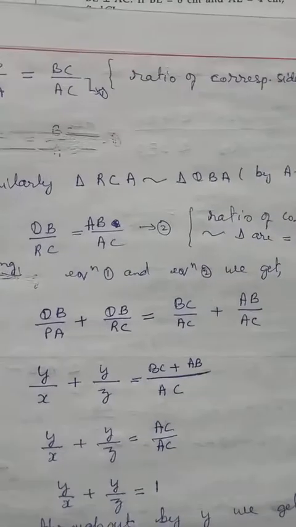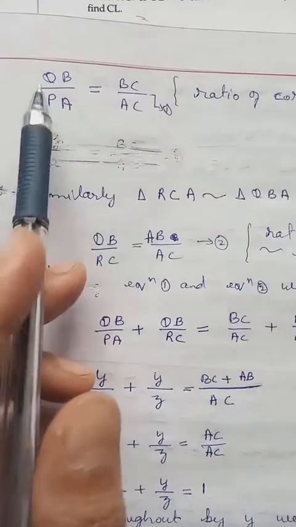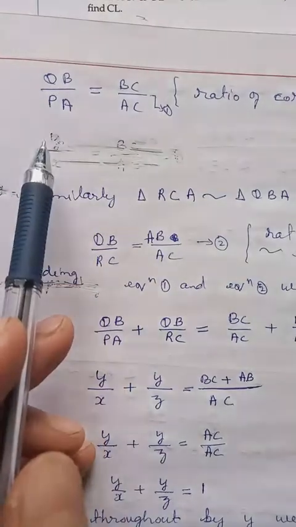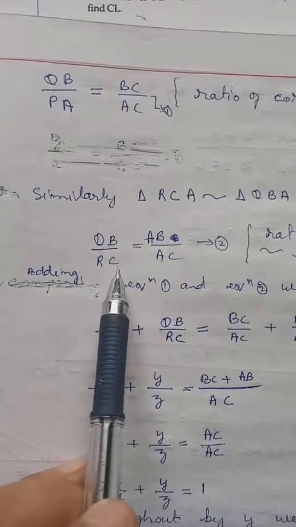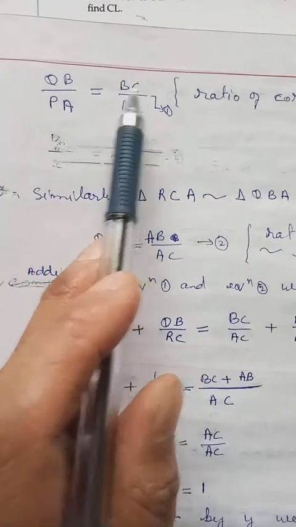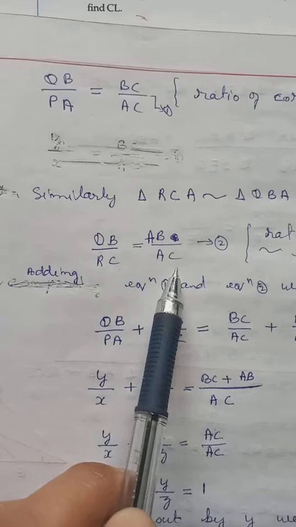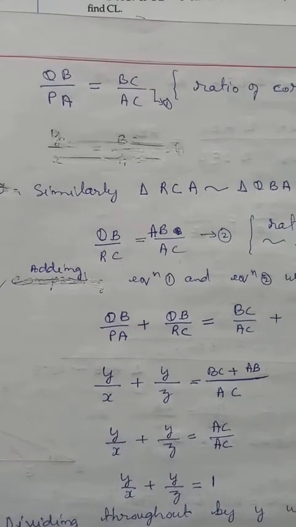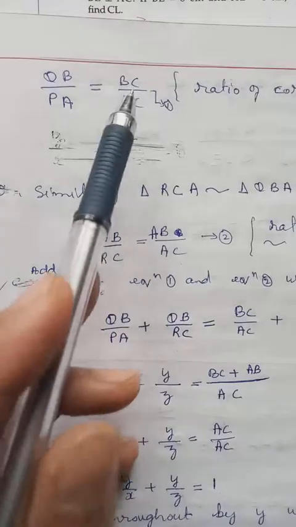If we compare these two ratios on both sides, we see that we get QB by PA equals BC by AC, and QB by RC equals AB by AC. But from the proof we have to show these two are joined by plus.